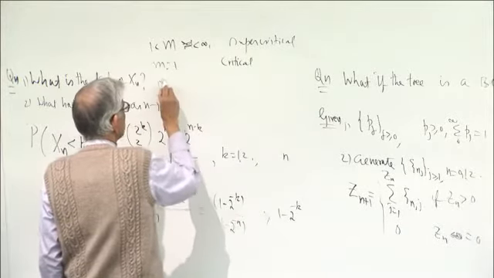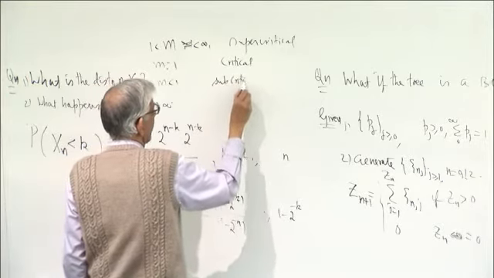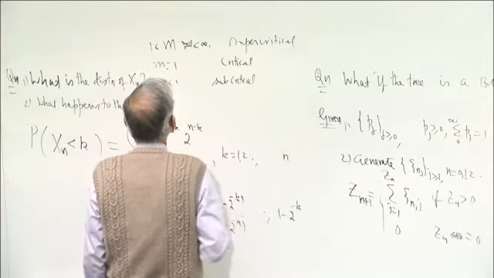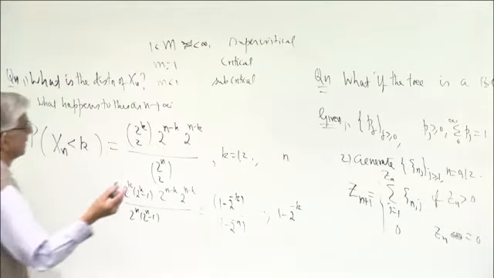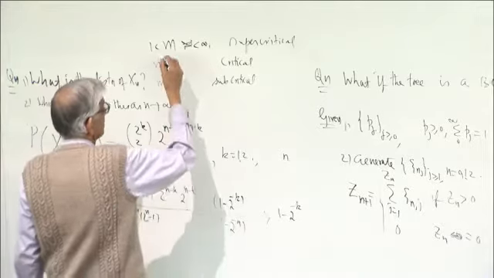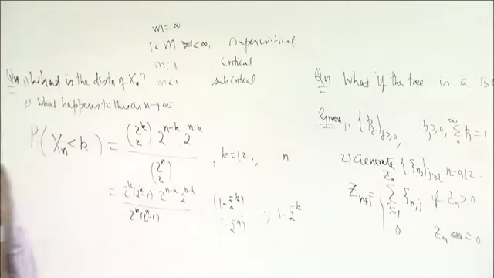And m less than 1 is called subcritical. And I'm going to discuss one more case which has not been discussed in my book or any other book for the model. It's called the m equal to infinity case, the explosive case. I'll talk about that as well.